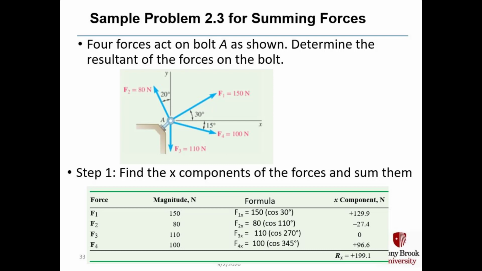For F2, we give it the minus 80 times cosine of 110 degrees because the minus sign indicates that that force is going in the negative x direction, knowing that the cosine of 110 degrees is a negative number. We multiply out all the values and show it in the fourth column at the right, and R sub x is equal to 199.1.